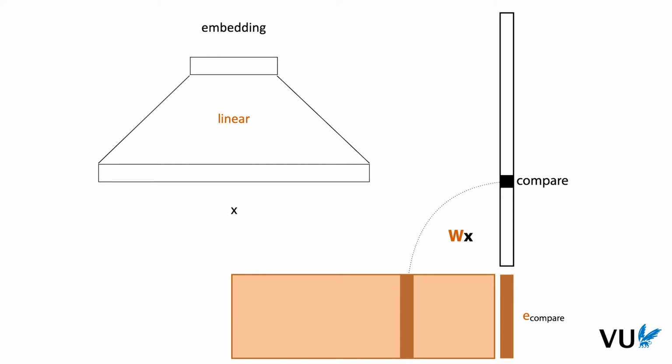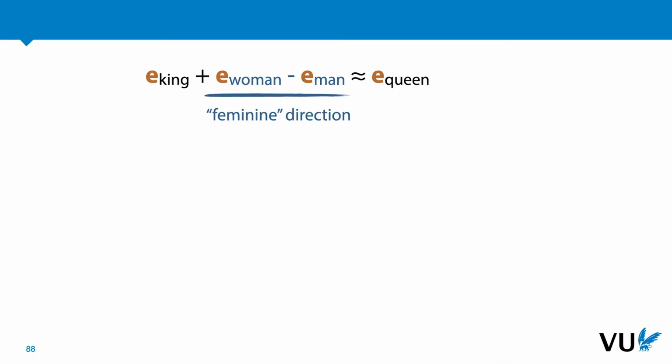And what we see when we train this neural network on a large corpus of text is that these embedding vectors very neatly come to represent the relations that we know to exist between words. So for instance, if we look up the embedding vectors after training for king, woman, man, and queen, we see that if we subtract man from woman, we get a kind of direction in space, which is the direction that goes from a male word like man towards a female word like woman.